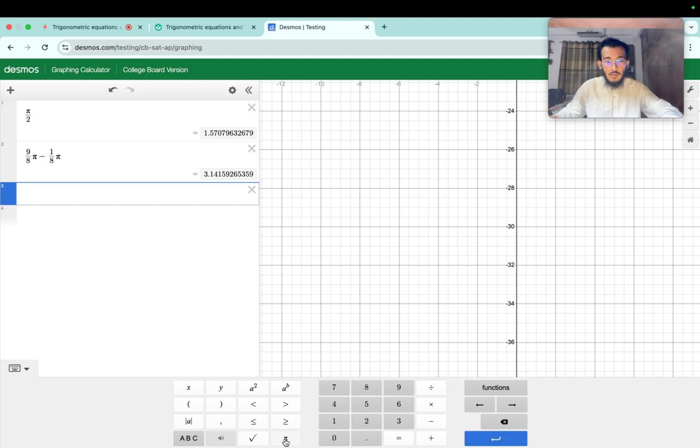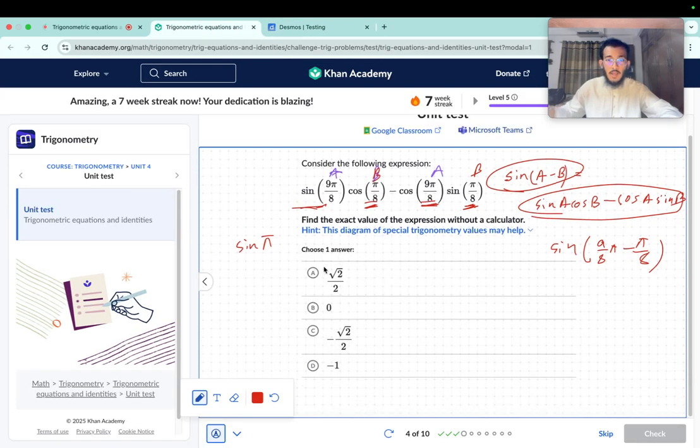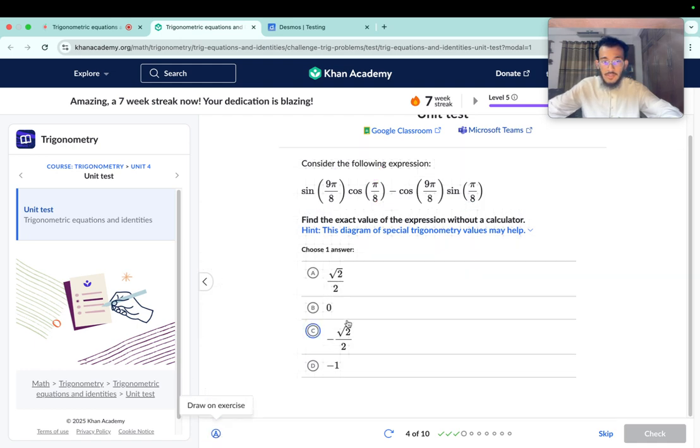So sine pi, which means sine 180 degrees, is 0. So our answer is 0.